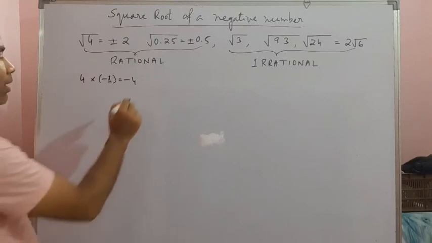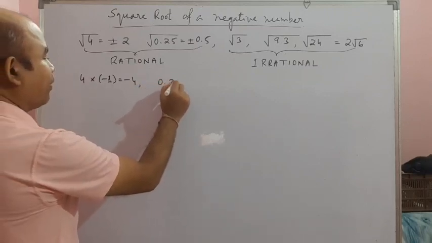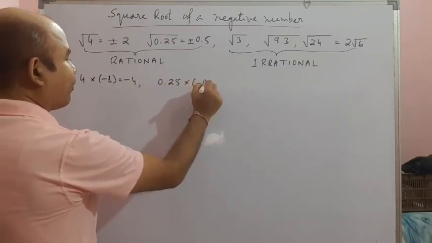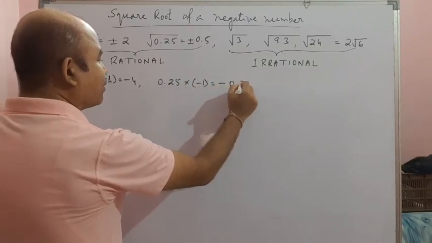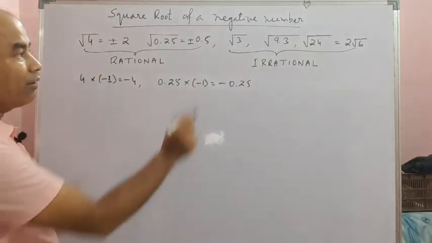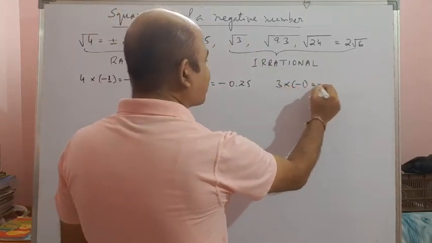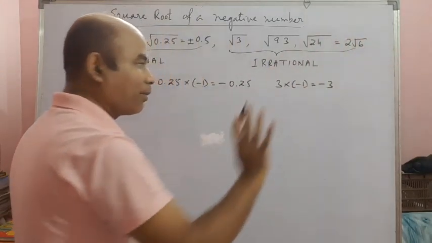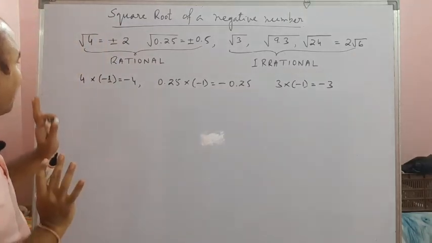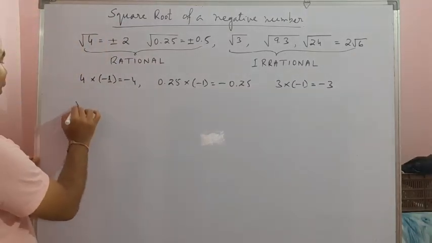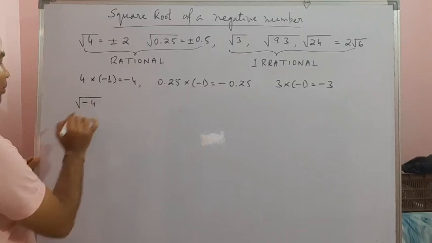Similarly, with 0.25, if I multiply minus 1, then I will get negative of 0.25. Or with 3, if I multiply minus 1, then I will get minus 3, etc.